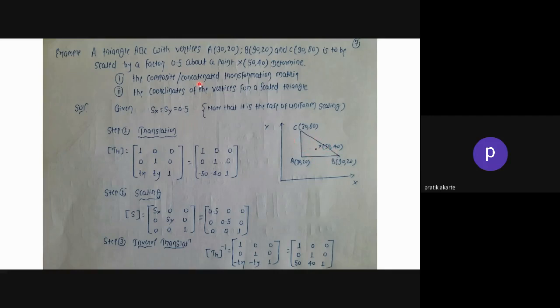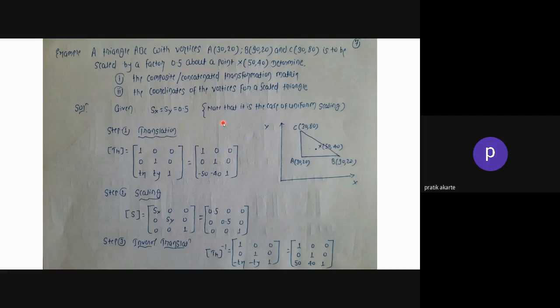Now we have to find the composite or concatenated transformation matrix and the coordinates of the vertices for the scaled triangle. What is given to us: Sx is equal to Sy is equal to 0.5. It's a case of uniform scaling since the Sx and Sy values are the same.